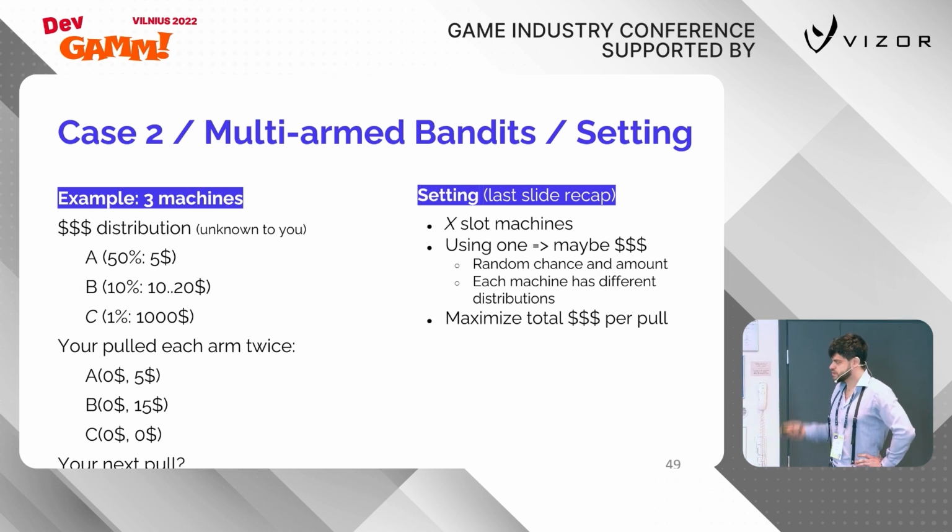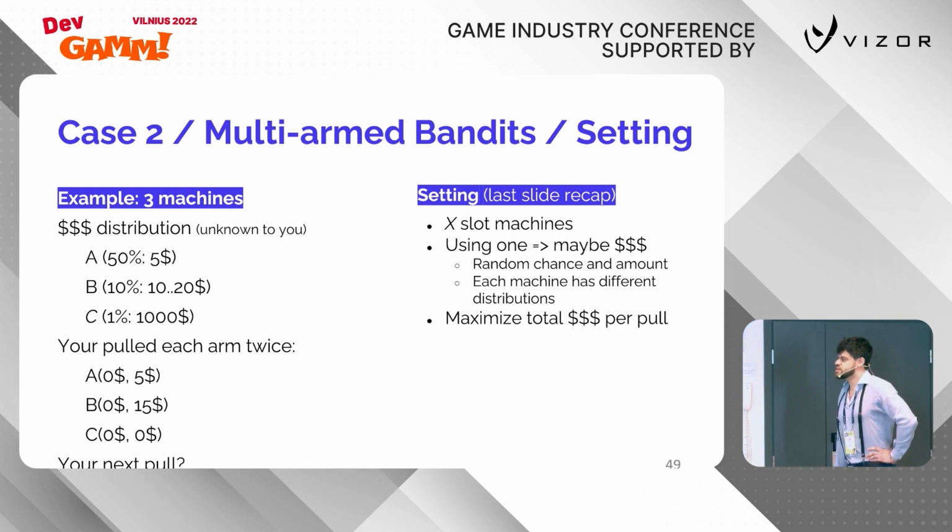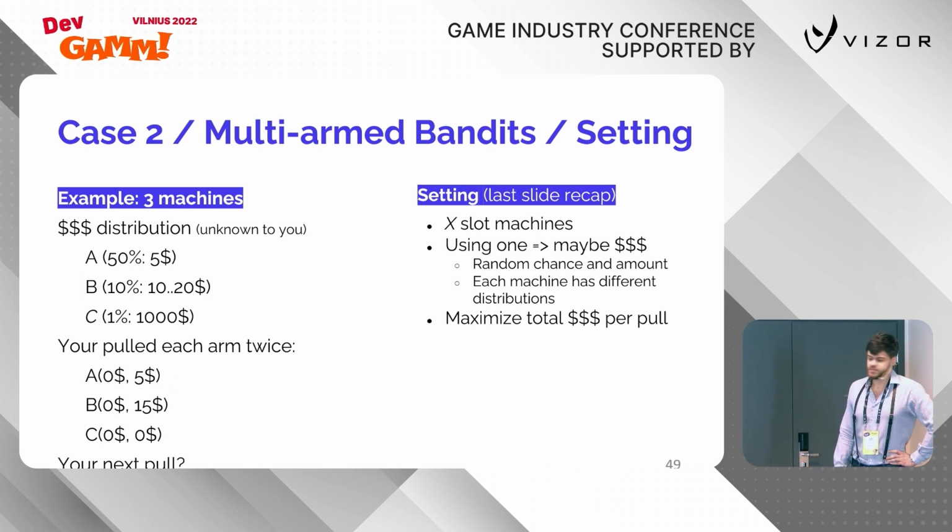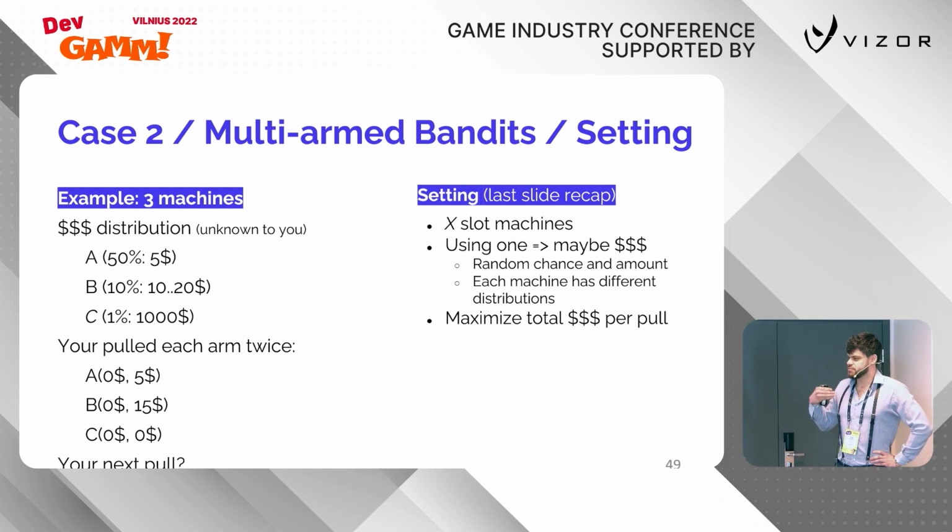What will be your next pull? Based on that, you can guess that B looks nice, but if you look at the true distributions, which are unknown to you, you can see that it's not the case. That's the setting of these models.